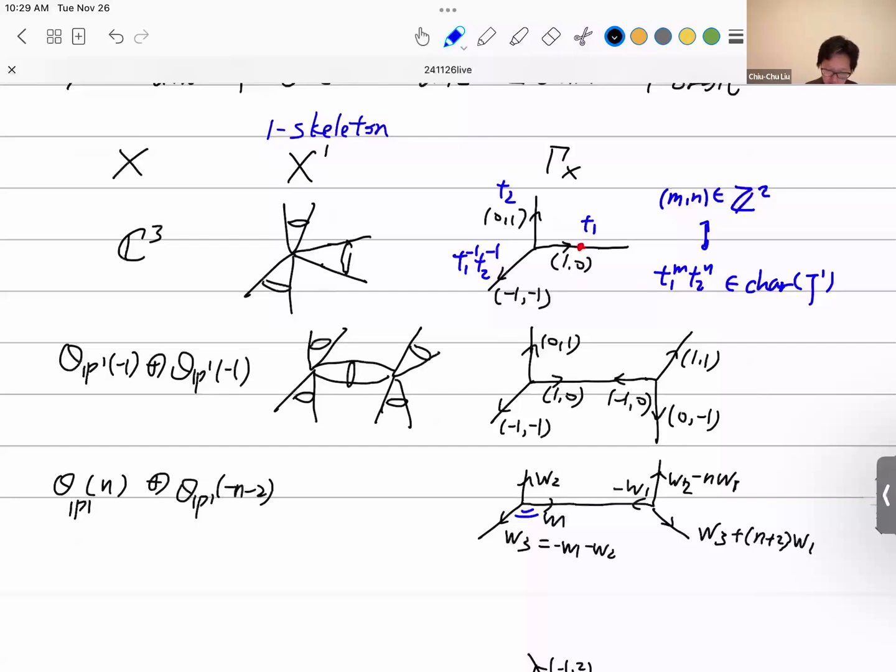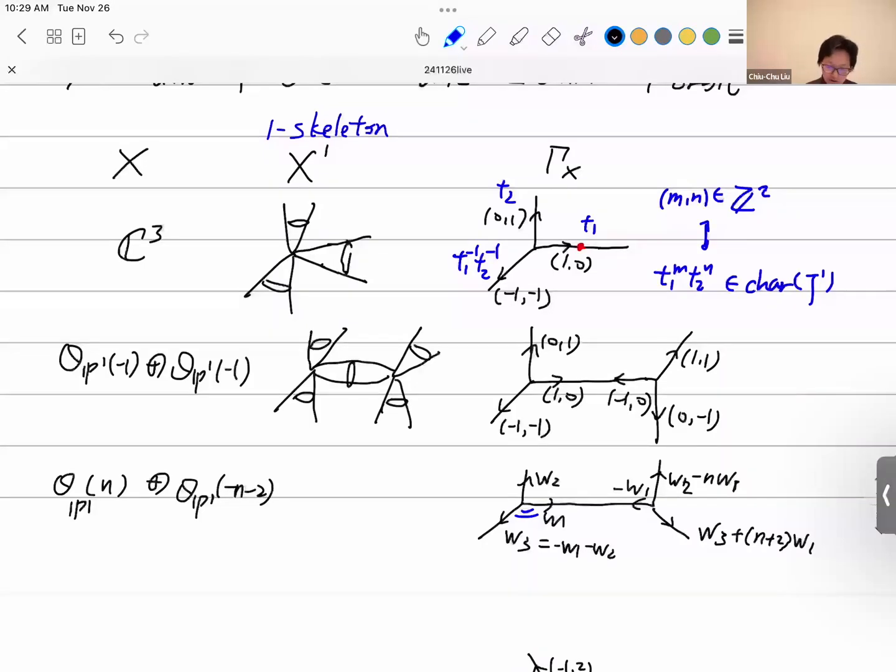Also, the tangent weights at the two fixed points on P1 are the negative of each other.